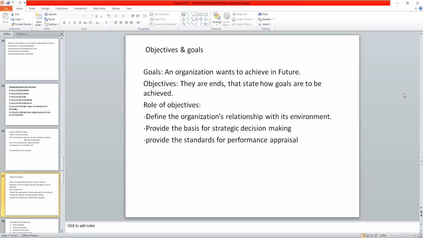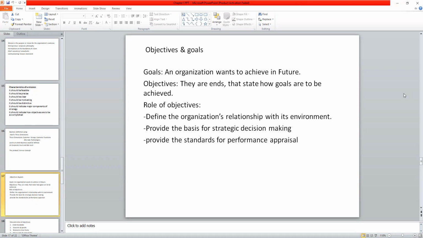While goals may be qualitative, objectives tend to be mainly quantitative in specification. They are measurable and comparable. So here I said that more profits are to be achieved, or the company wants to be a leader.